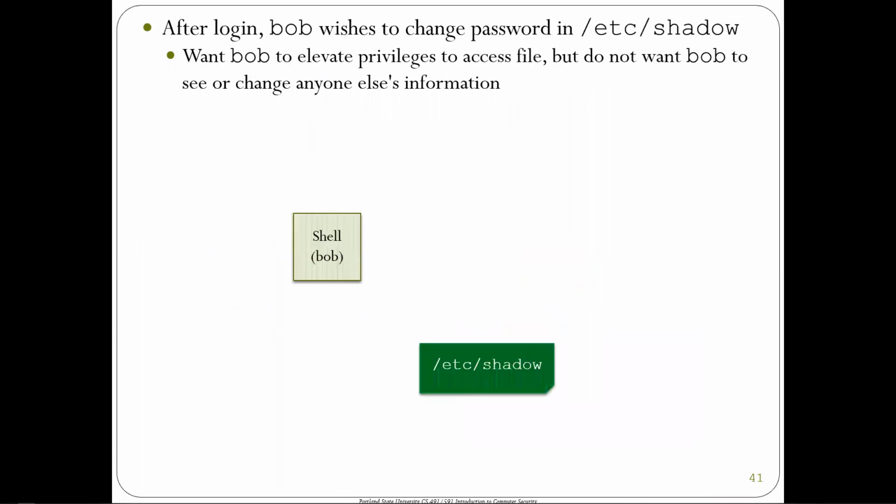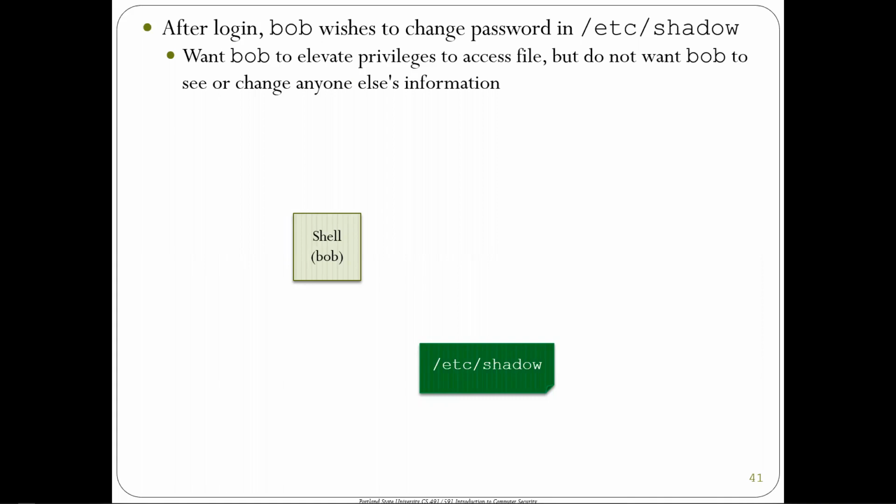And then let's say after login, Bob wants to change his password in /etc/shadow. Like for your Kali VM, when you go and change the password, you run the passwd program, and that program has to run with elevated privileges because it needs to access /etc/shadow, but you don't want Bob to read /etc/shadow.